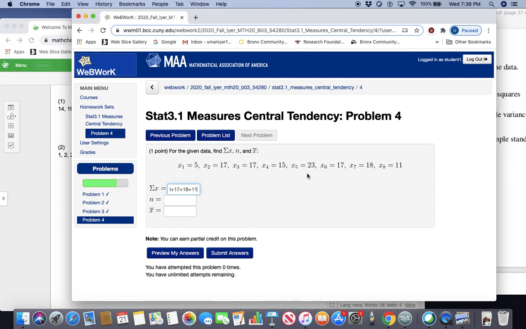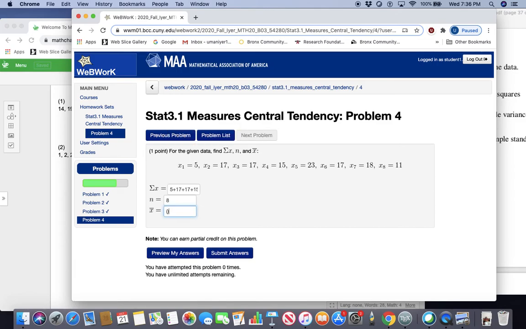How many numbers are here? Well, they go until x8. So 1, 2, 3, so on until 8. There are 8 numbers. How do I find x bar? X bar is the arithmetic mean. I have to add all these guys and divide by the total number of numbers. So I can simply cut and paste, right?